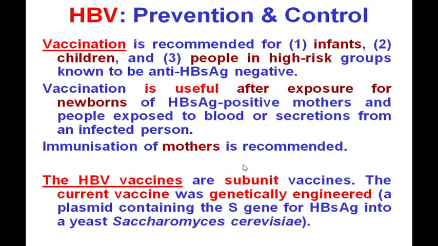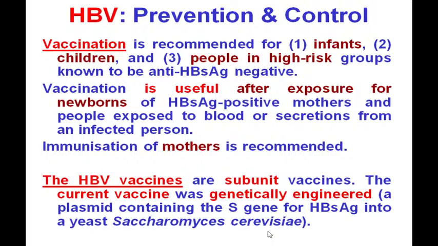Usually, this is a subunit vaccine. It is called recombinant because it is made by genetic engineering: a plasmid containing the surface gene for hepatitis B surface antigen is cloned into the yeast Saccharomyces.